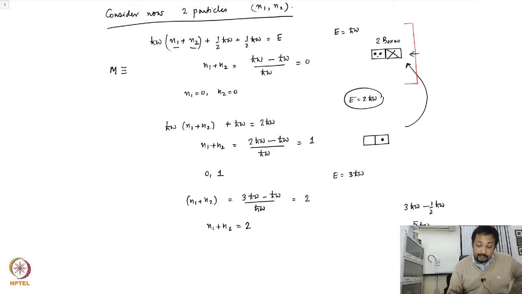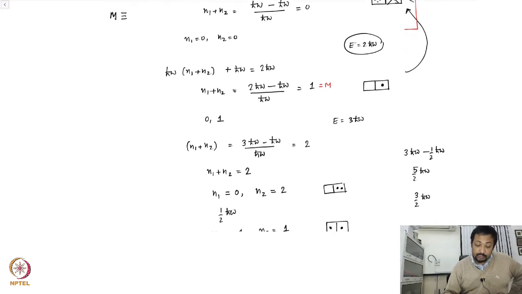In this case, m is equal to 1. This is equal to your m, and you see that n1, n2 either has a combination 0 and 1 or 1, 0. That is also a valid thing, in which you place one of them here, the other one here. It is like 2 boxes, and you are just putting 1 particle either in this box or in this box.